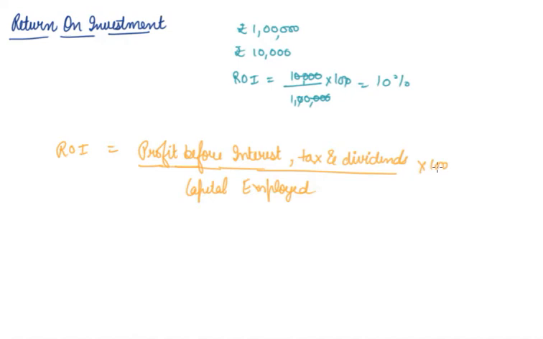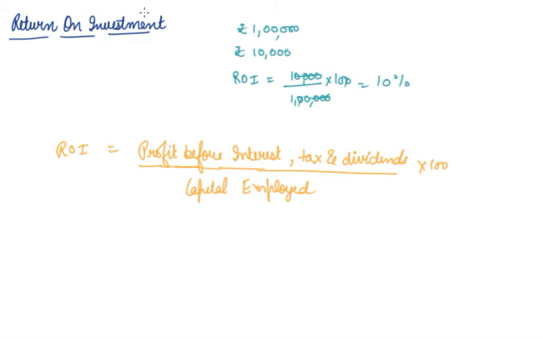So I've told you how to calculate the profit before interest, tax and dividend. Either they'll give that profit before interest, tax and dividend in the question, or they might give profit before tax, which means the interest has not been subtracted out of it. They might give the profit before tax, after interest, so you'll add interest into it.